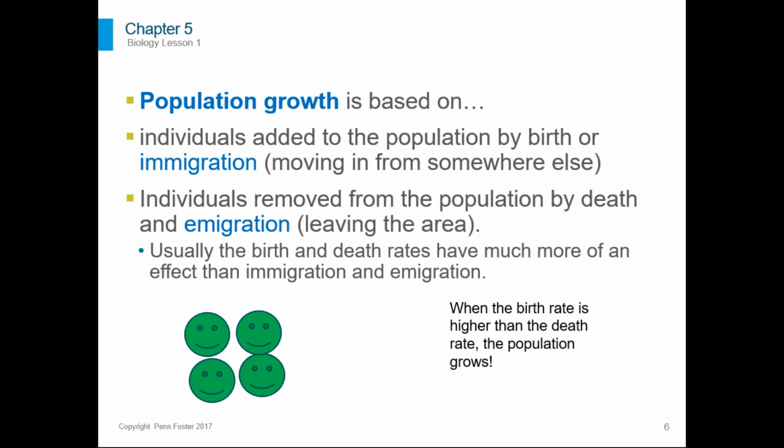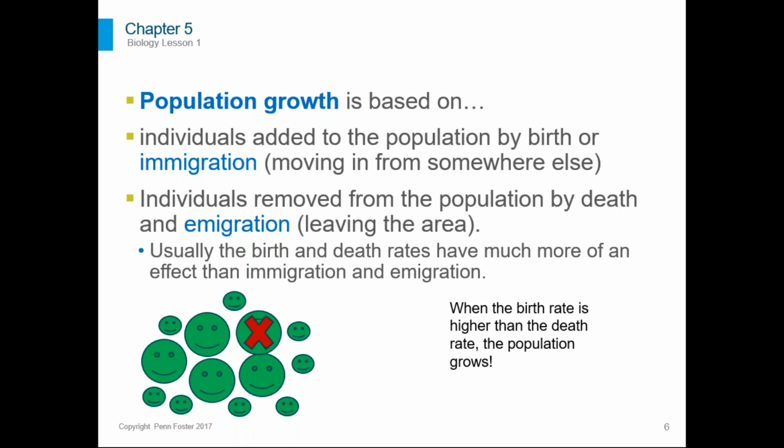So population growth is based on the number of individuals added to the population by birth or immigration and removed from the population by death or emigration, which is individuals leaving the area. And usually the birth and death rates have much more of an effect than immigration and emigration.